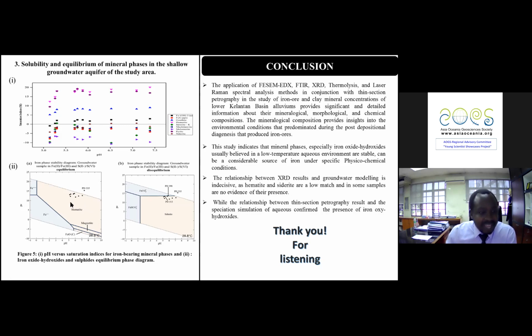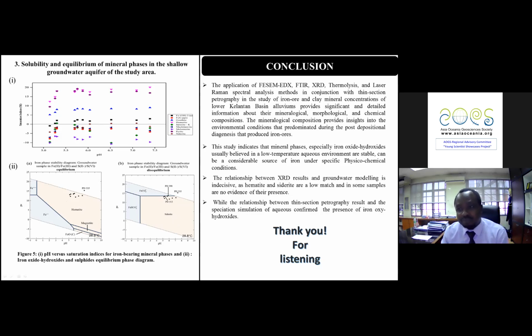And the ferric, ferrous, and sulfate groundwater samples indicated that, as you can see here, hematite is a stable phase. The groundwater sample also indicated siderite at this equilibrium. And other sample shows the borderline stability relationship between the iron carbonate and the siderite.